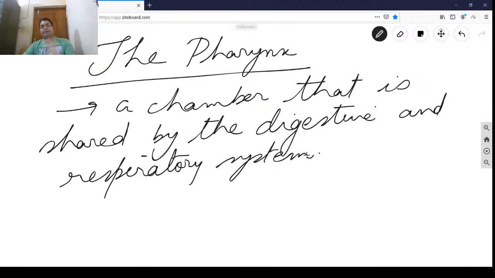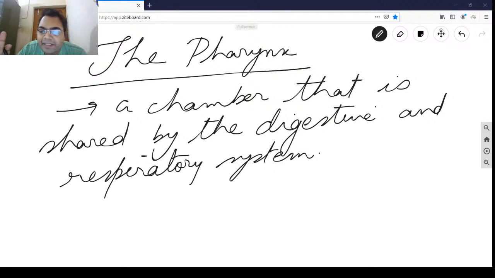Now, you might have heard of the epiglottis and all that, which prevents food from going into the trachea. Everything regarding that will be explained in this class and in the next class as well, right? It extends between the choanae and the entrances to the larynx and esophagus.